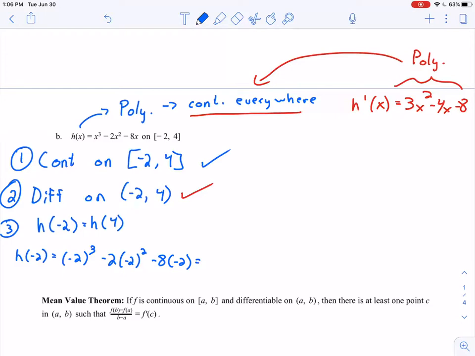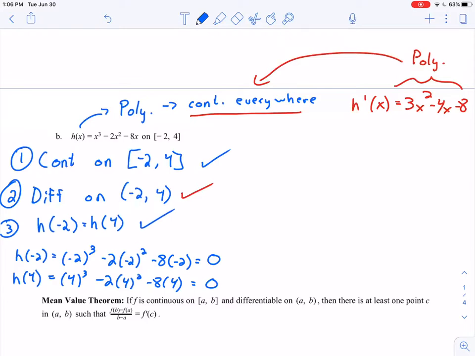If we plug that in, we should end up with a y value of 0. I want to take h of 4 and plug that in as well. So 4 to the third power minus 2 times 4 squared minus 8 times 4. And sure enough, we get a y value of 0. So our third condition is met. So yes, Rolle's theorem does apply here.